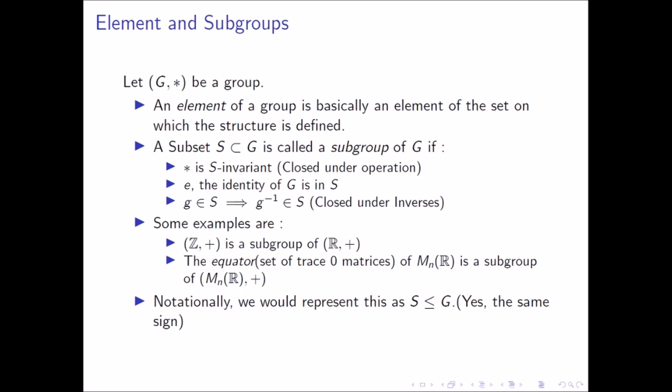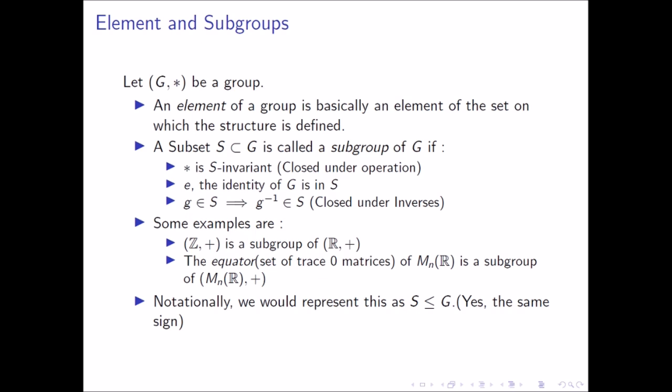E, the identity of G, is in S. This means that the identity of the group is also present in our set S. Again, if G is an element of S, then G inverse is also an element of S. That means it's closed under inverses. So whenever I have an element, its inverse is also in our set. If all these three properties are satisfied, we say that a subset is a subgroup specifically.